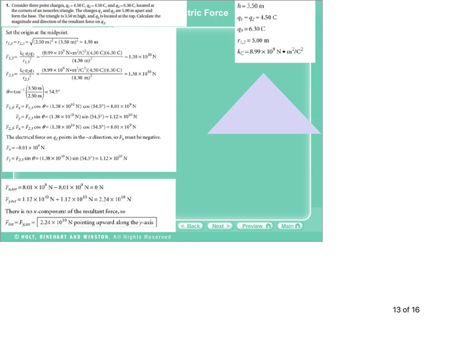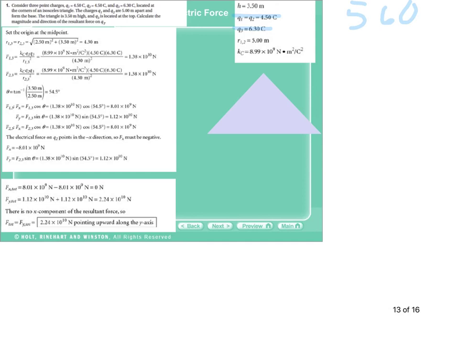Now we've got numbers 1 and 2 on page 560. Of number 1, we have 3-point charges, Q1, Q2, Q3, illustrated here, Q1 and Q2 being the same, Q3 different. Always good to list out what we have.